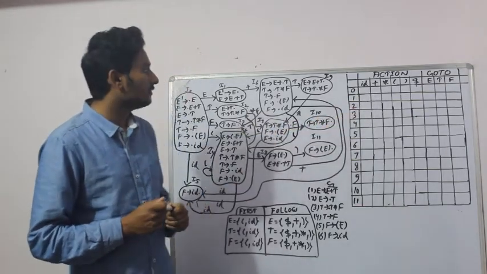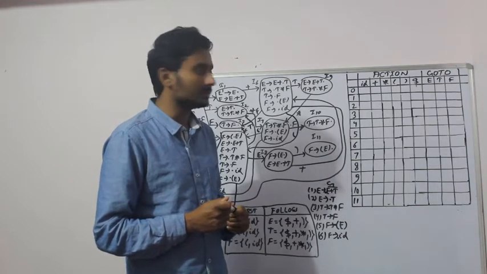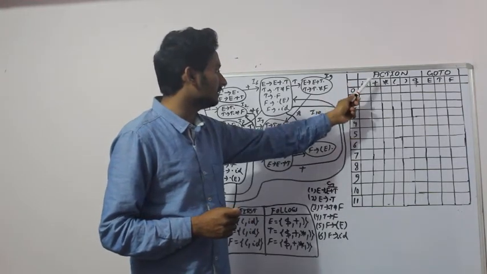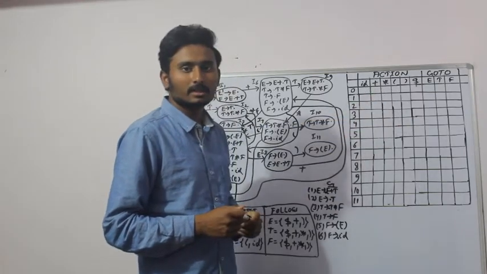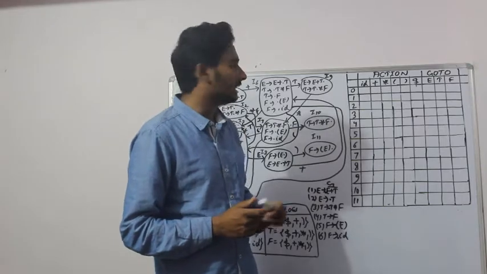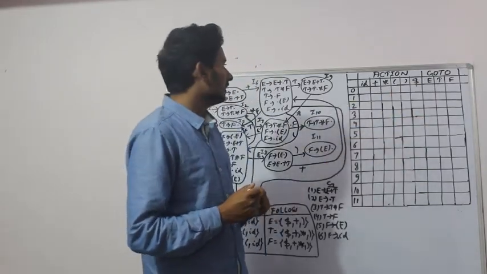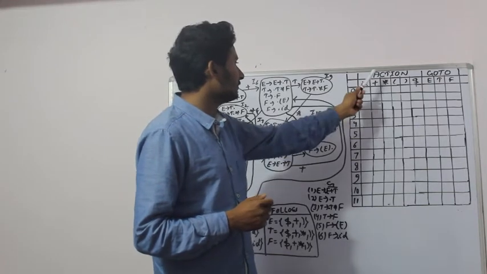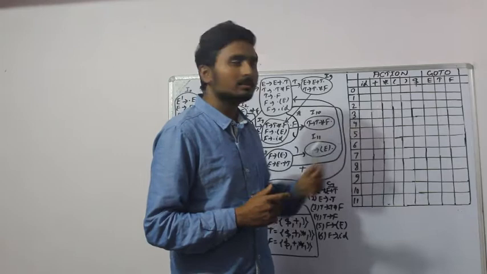Now first of all, let us see what is the structure of the SLR parse table. The SLR parse table consists of two parts, where one part is dedicated to the action part and the other is dedicated to the goto part. The action part includes your terminals.